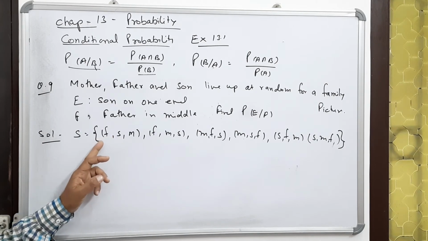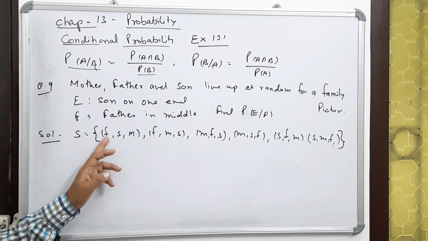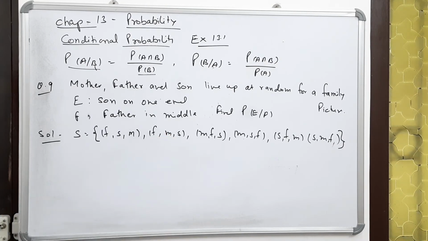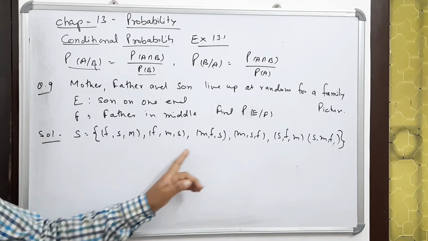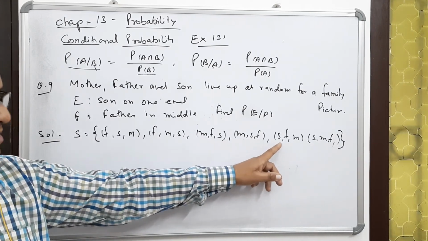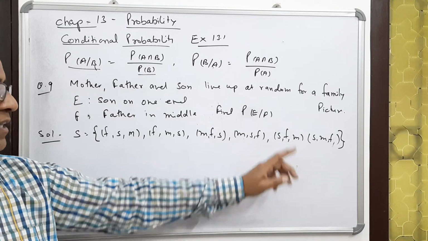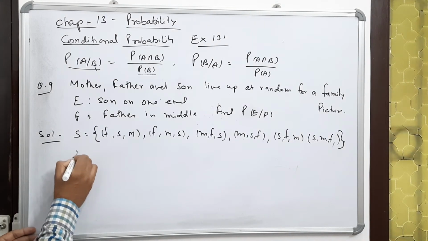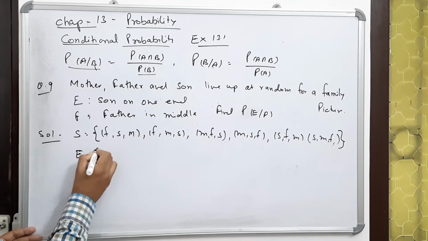Father in the front: father, mother, son; father, son, mother. Or mother in the beginning, then father, son and son, father. Or son in the first place, then father, mother and mother, father. So here there will be 6 elements in the sample space.